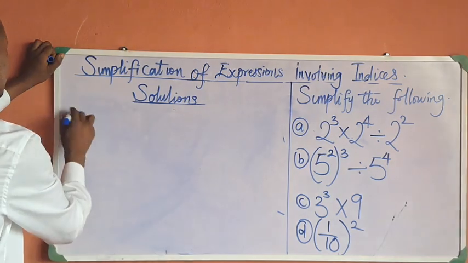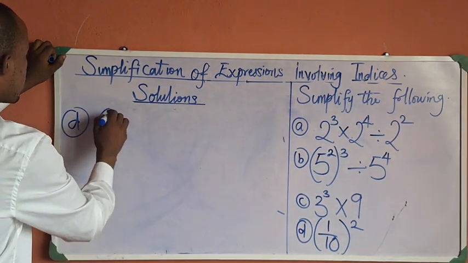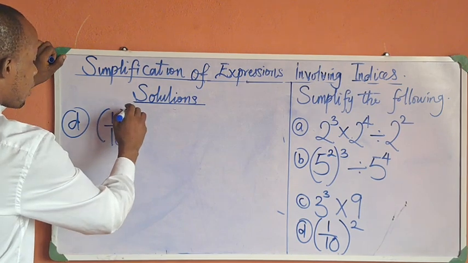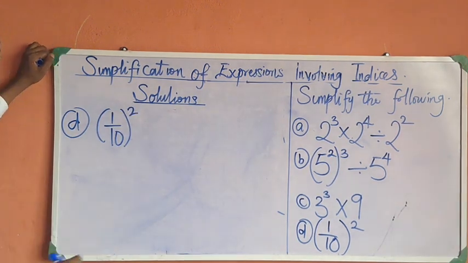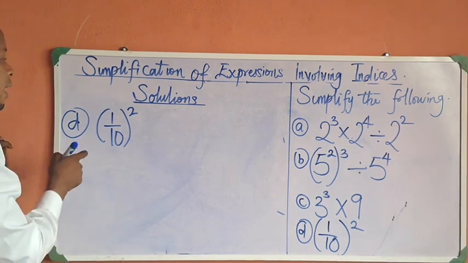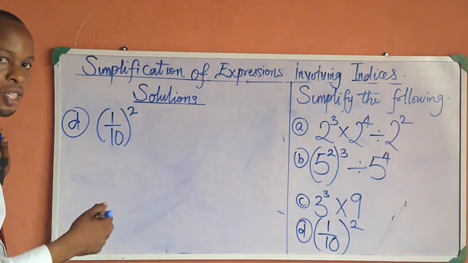Question D says that we have 1 over 10 in bracket having the power of 2 outside the bracket. Looking at this kind of expression, the law to be applied on this is simply the quotient law.